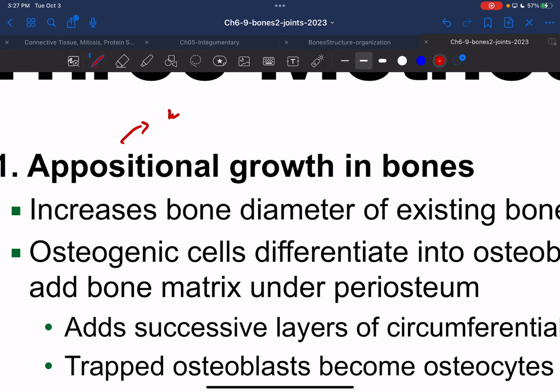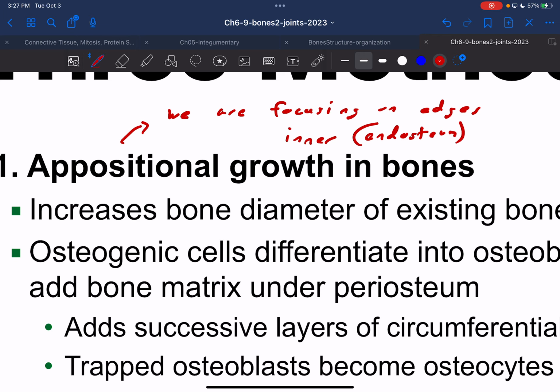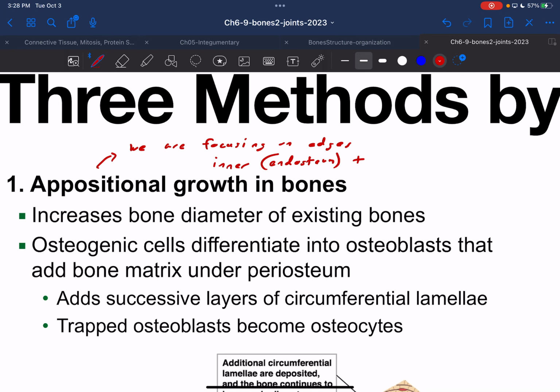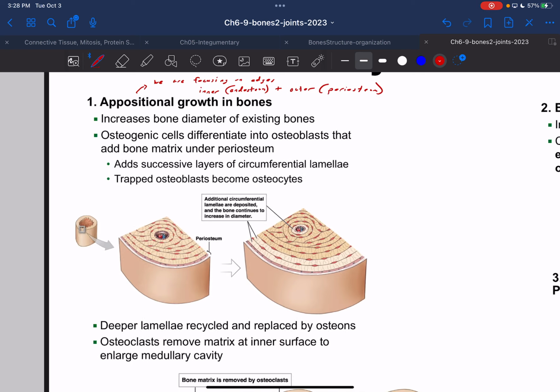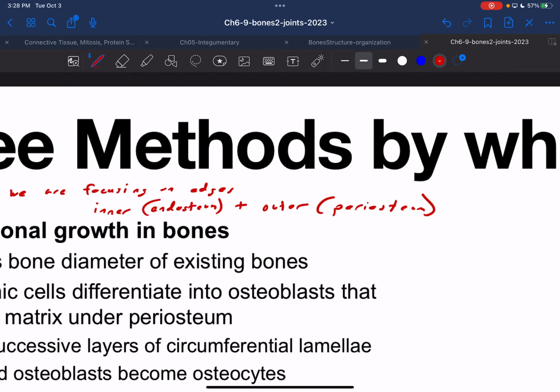We are focusing on edges. Inner, or rather, more appropriately, endosteum, plus outer, which you should all know as periosteum. And so as we examine our photo, let me get this.